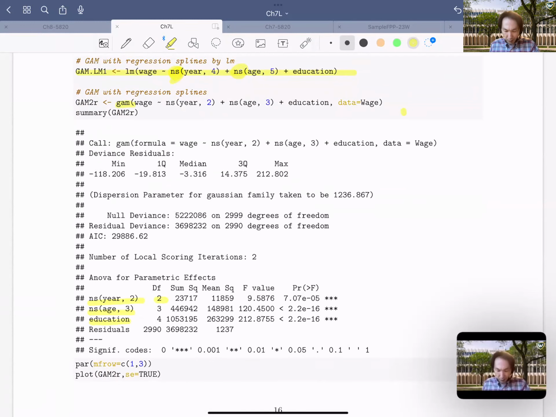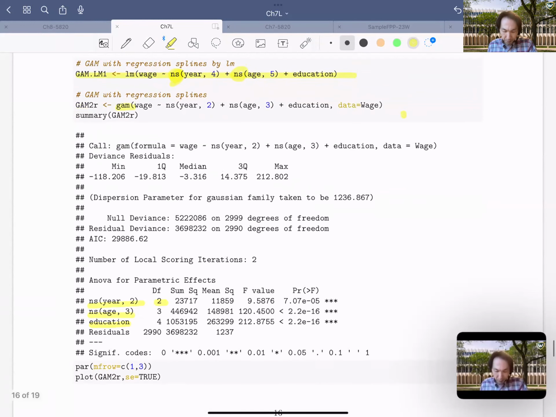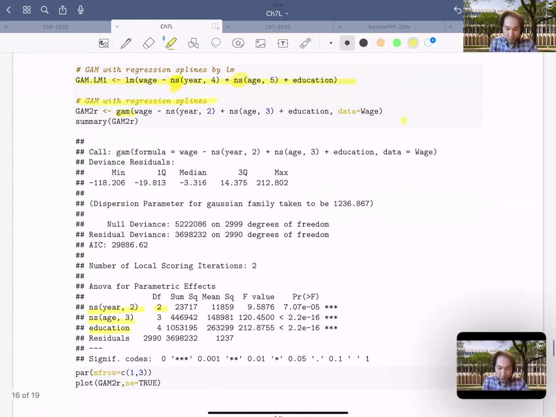The year is the regression spline with degree 2, so the degrees of freedom is 2. You can see the p-values. This is the sequential ANOVA table.